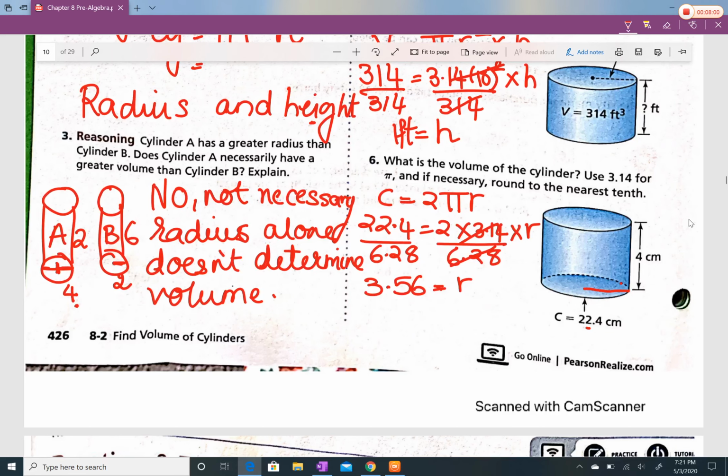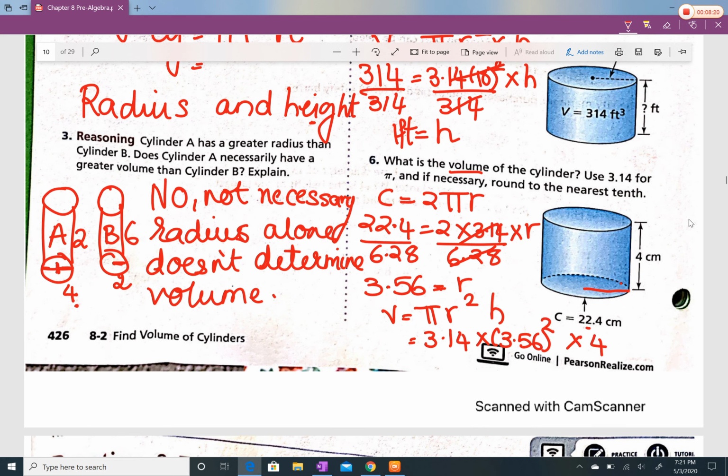Now this is your r. Once you get the r, you have to find the volume. Volume equals pi r square h. Pi is 3.14 times 3.56 square times h, which is given as 4.